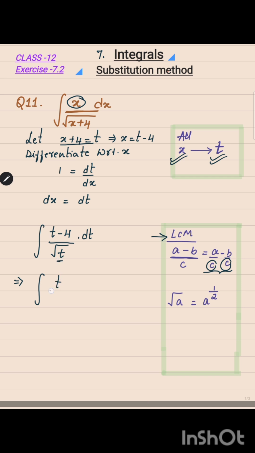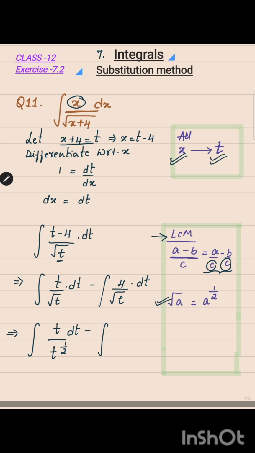So we can write this as integral of t by square root of t with respect to t minus integral of 4 by square root of t with respect to t. Now integral of t divided by square root of t can be written as t to the power 1 by 2 with respect to t, minus integral of 4 divided by t to the power 1 by 2 with respect to t.